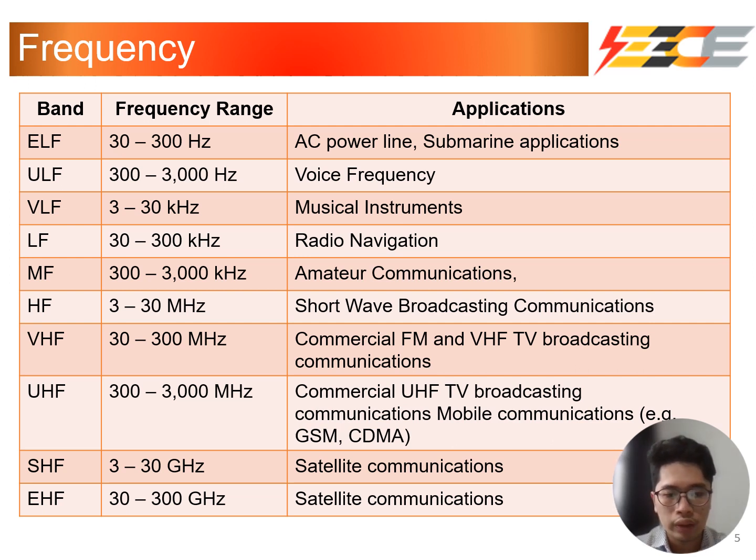Moving on to ultra-high frequencies, 300 to 3000 MHz, a widely used portion of the frequency spectrum including television channels 14 to 83, land mobile communications, and cellular telephones, specifically GSM and CDMA.